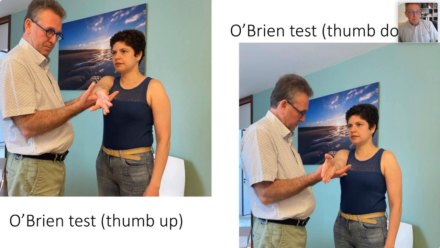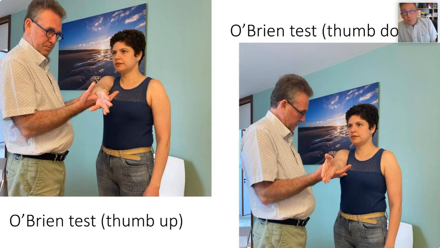And then we have a few more tests, the O'Brien's test with thumb up and thumb down. Actually, the title of this webinar, Why Do Manual Therapists Use 27 Tests? That was, of course, a mimic. How do I come to the number 27?